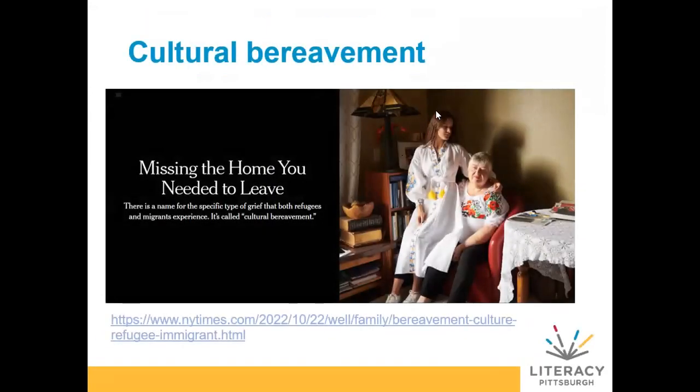Okay. So the term that has been coined to get at the experience of migrants coming to a new place is called cultural bereavement. Okay. And this is a complicated sense of grief that people go through.